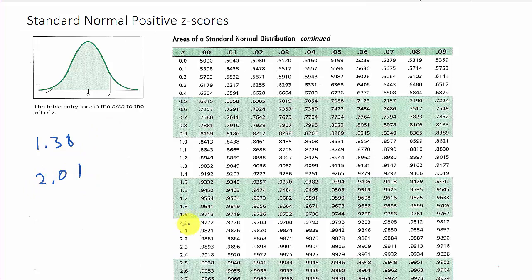Let's look at the 2.01, which will be this value. Okay, so that is 0.9778, and then let's look up the 1.38, 1.3, and then the 8. That will give us 0.9162.